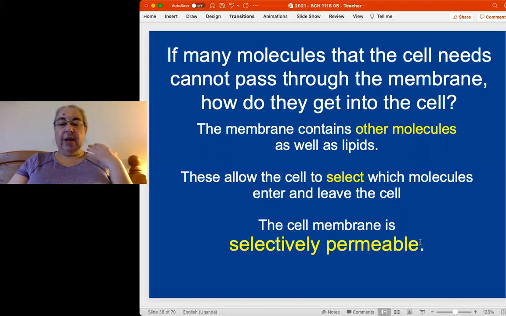So we can describe the cell membrane as a whole as being selectively permeable. It is permeable, things can pass through it, but selectively permeable. The cell selects what it allows to pass through it.